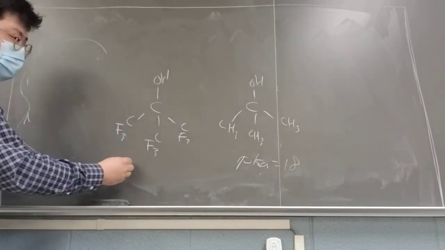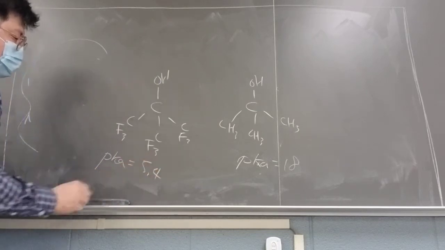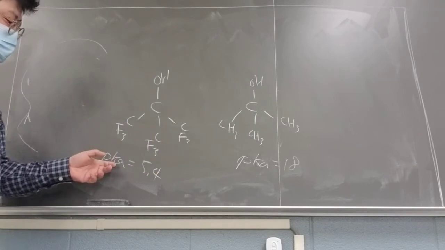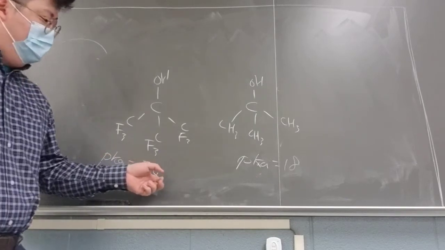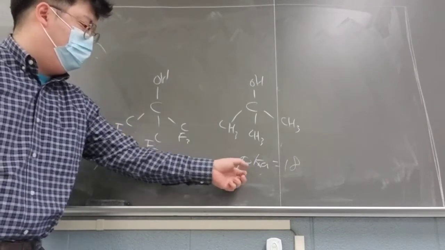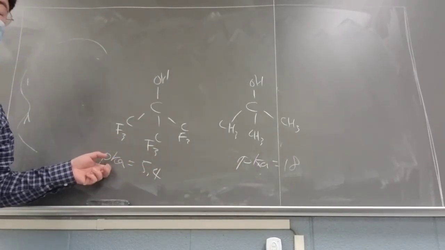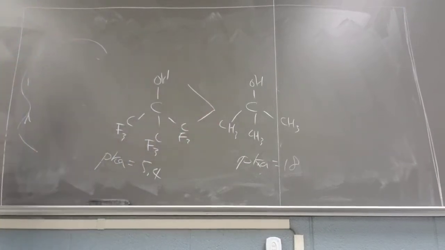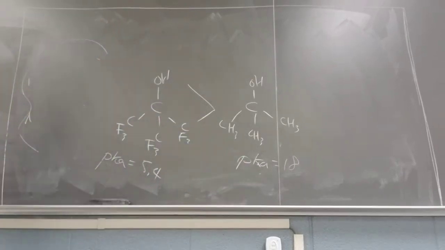This is actually quite low. This is about 5.4. This is a negative log, right? So the gap between these two is extremely different, because it's in a logarithmic expression over here. So this makes it a lot stronger than butyl alcohol over here.